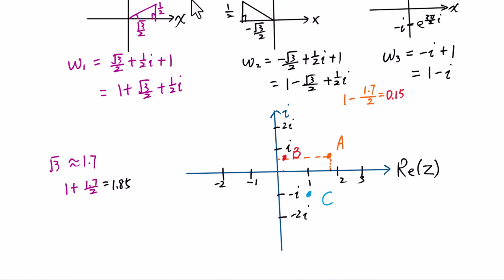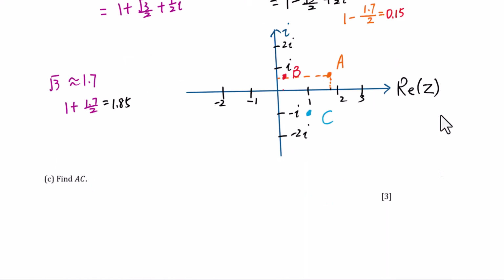Remember, when you plot a point on the Argand diagram, make sure you change it into Cartesian form. Say, find AC. In this Argand diagram, the coordinates of A are (1 + √3/2, 1/2) and C is (1, -1).